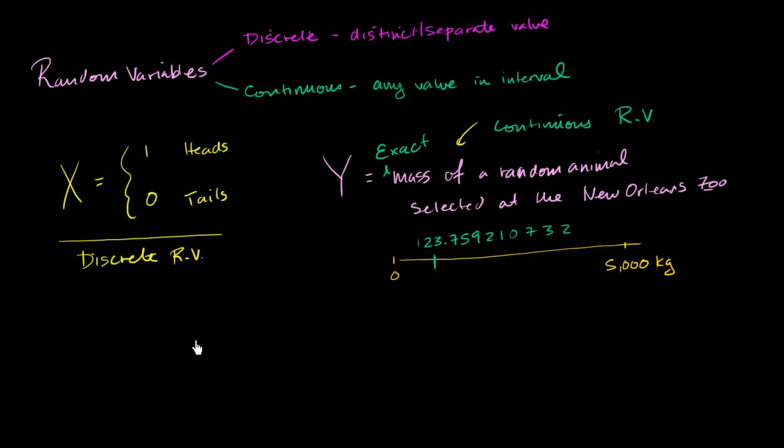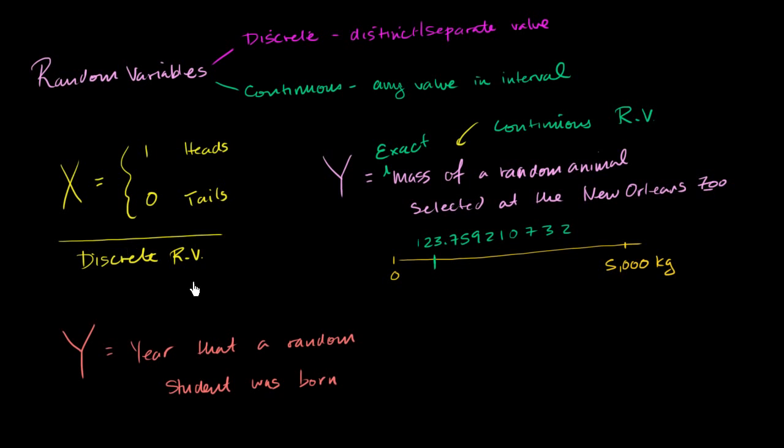Let's say that random variable Y, instead of it being this, let's say it's the year that a random student in the class was born. Is this a discrete or a continuous random variable? Well, that year, you literally can define it as a specific discrete year.